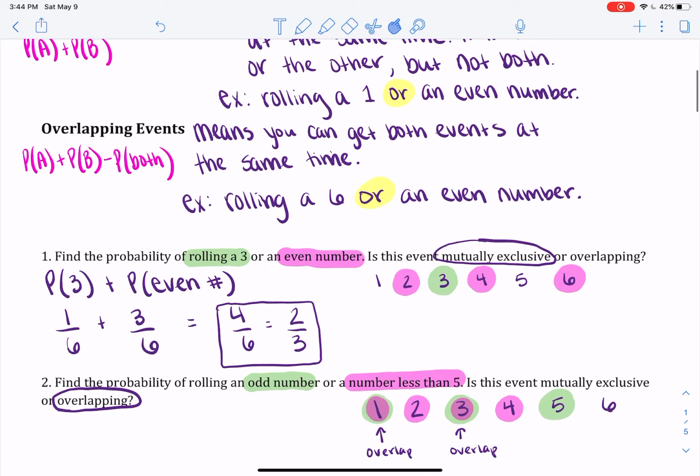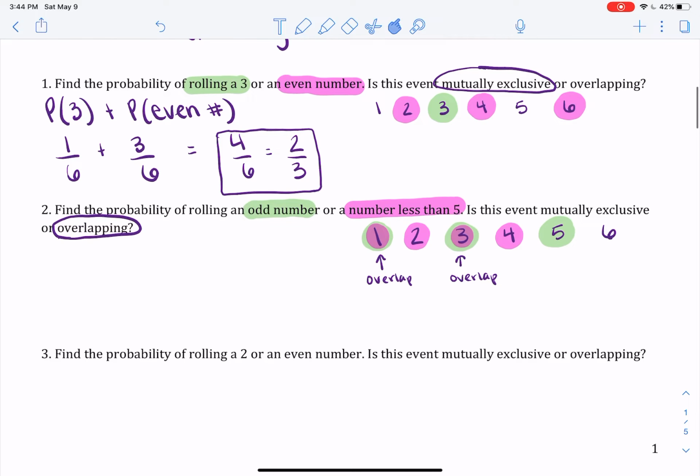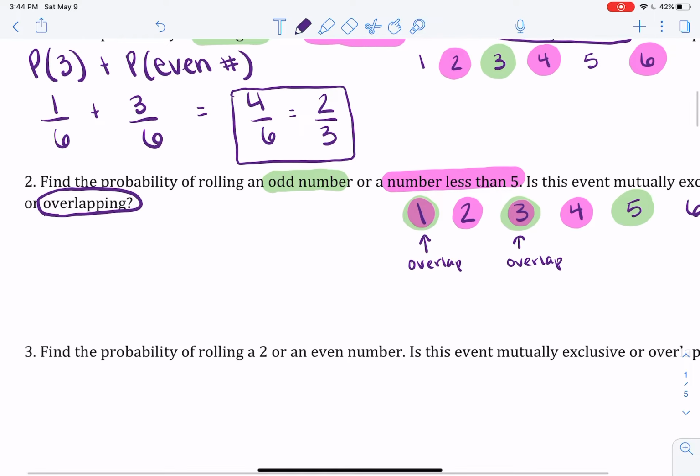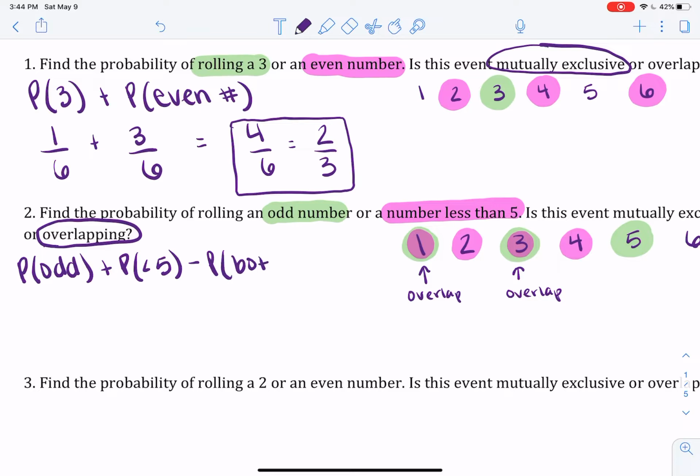So if you go back to here, we're going to take our two events and add them together, but then we're going to subtract our overlap. So we've got the probability of rolling an odd number, plus the probability we roll a number less than 5, minus the probability of both of those things happening at the same time.